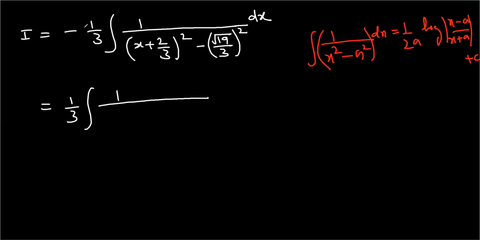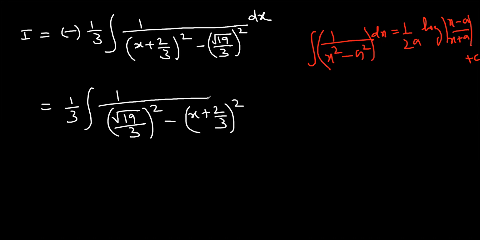Once you take this negative in, then what will happen in the denominator? I'm taking it inside in the denominator. So this negative constant square will become positive. It will become positive. So root 19 by 3 the whole square, and this positive variable square will become negative. It will become x plus 2 by 3 the whole square and dx.